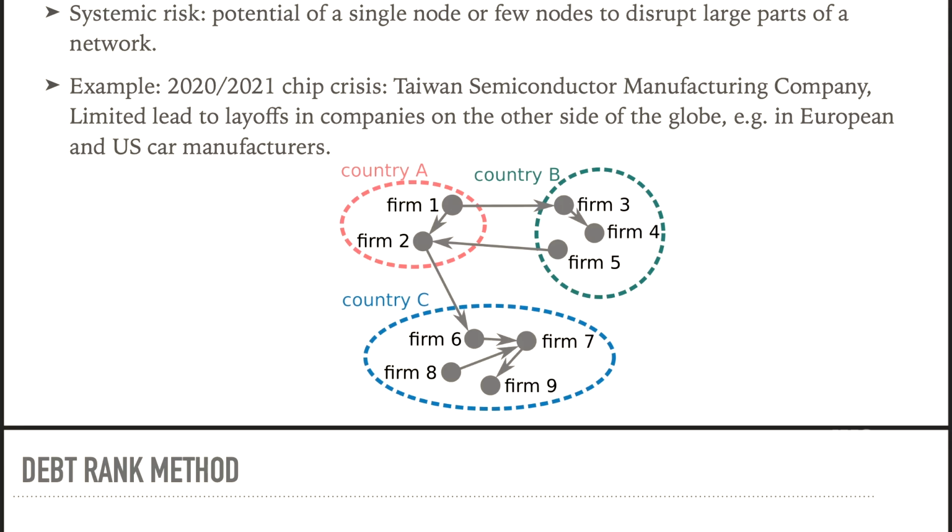This is a schematic diagram of firms in international networks: there are firms in different countries A, B, C, with different numbers of firms, and there are cross-country links and links within countries as well.